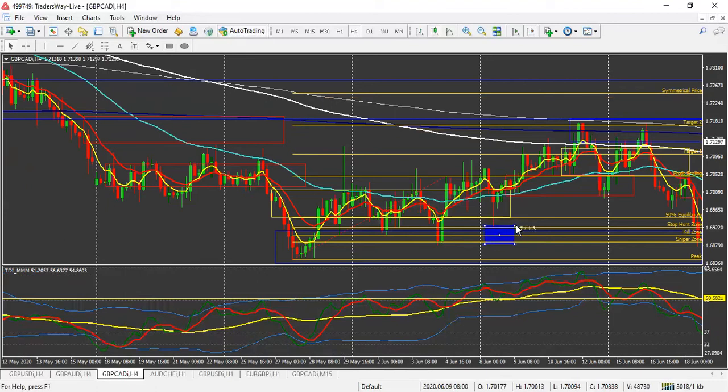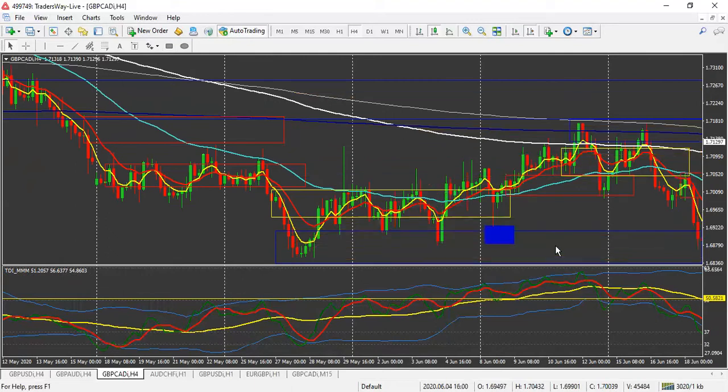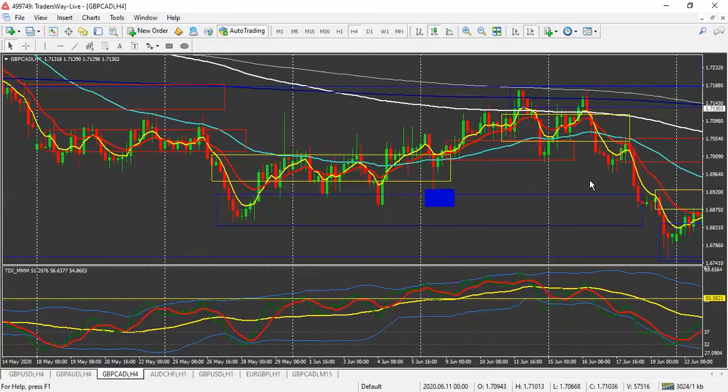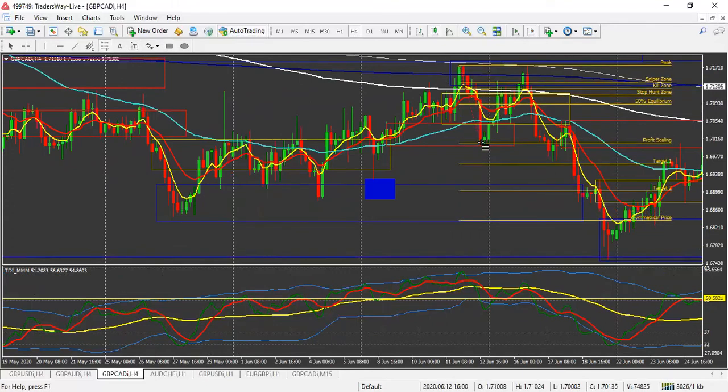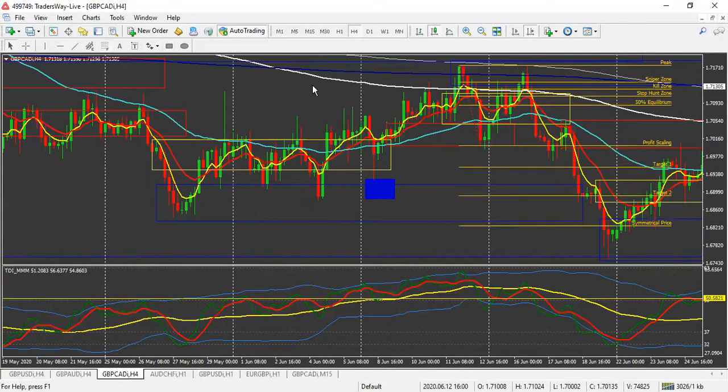Came down and wicked the kill zone. Got the high of the order block. Broke right here. The kill zone is right here.